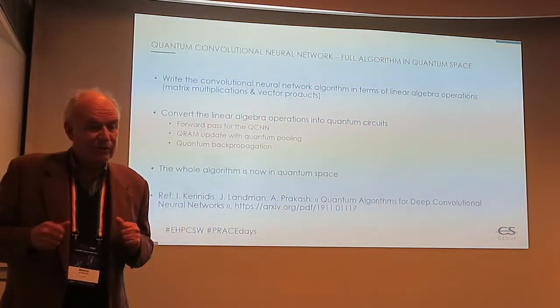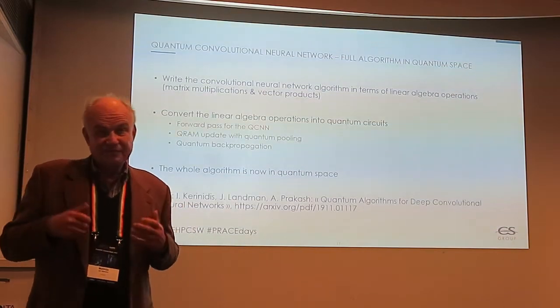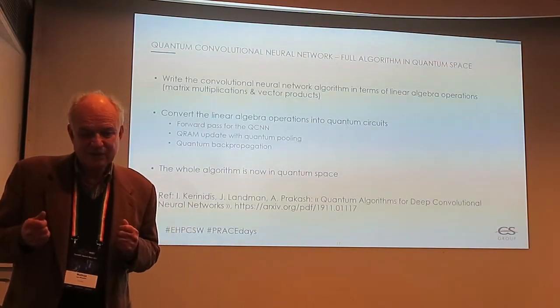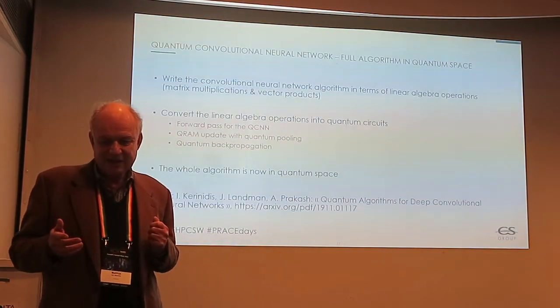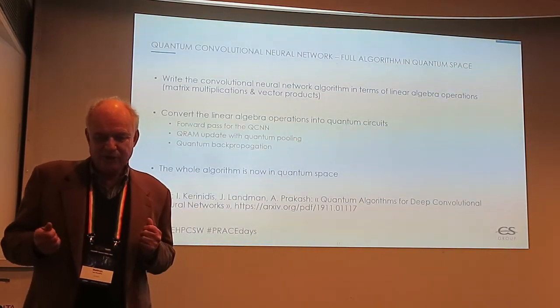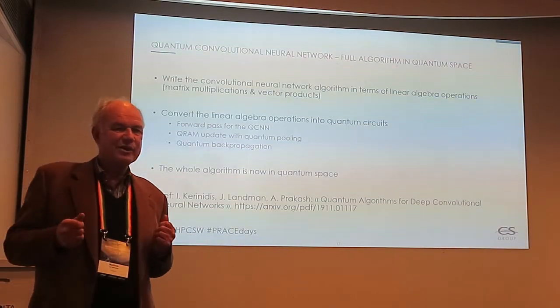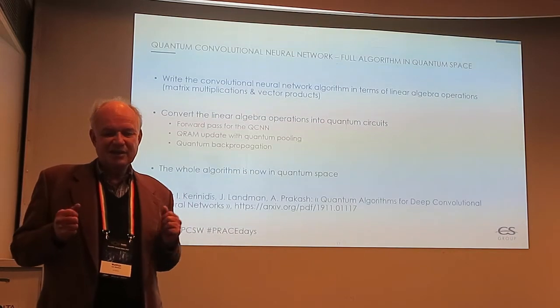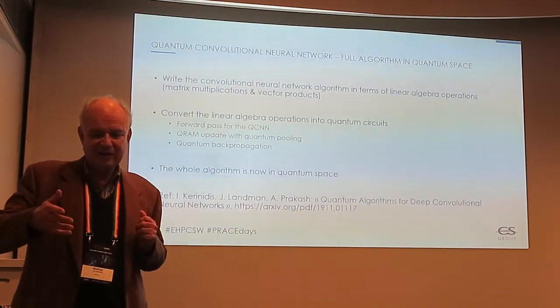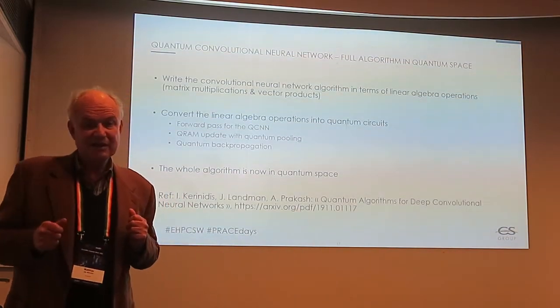We use that characteristic to create a forward pass, the update with the quantum pooling and the quantum backpropagation, all in the quantum algorithm. This is what we aim to do. We haven't done this yet.